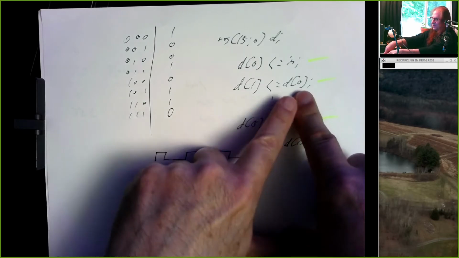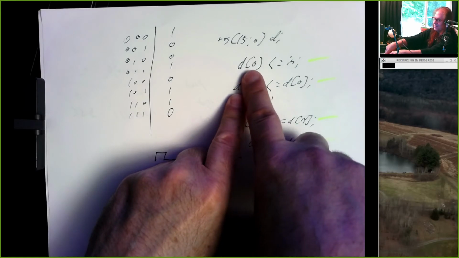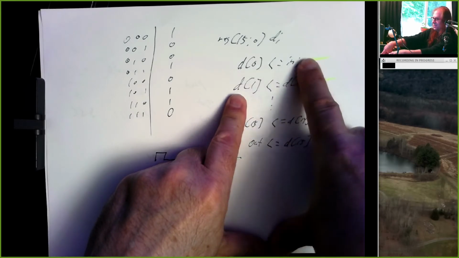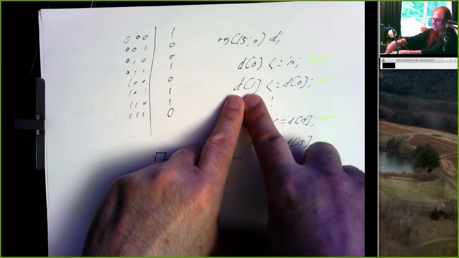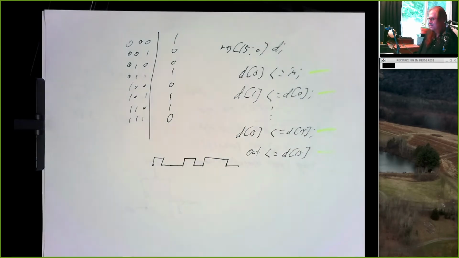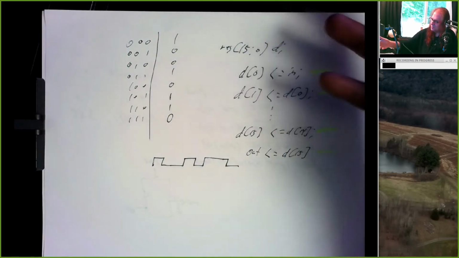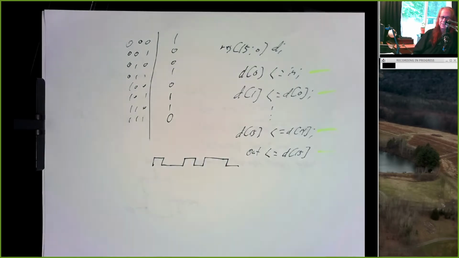So the current value of D0 is being loaded into here at the same moment that the value of D0 is changing to in. So in does not get loaded into here and then loaded into D1. In goes into D0. What was in D0 goes into D1, and so on. And I could write these 17 statements in any order I want, and it's not going to affect the circuit, because it's just 17 flip-flops with their clocks connected together.